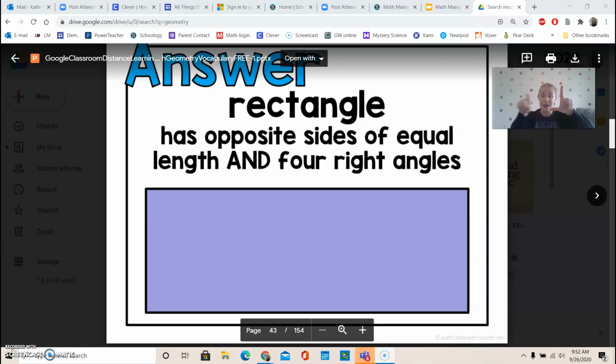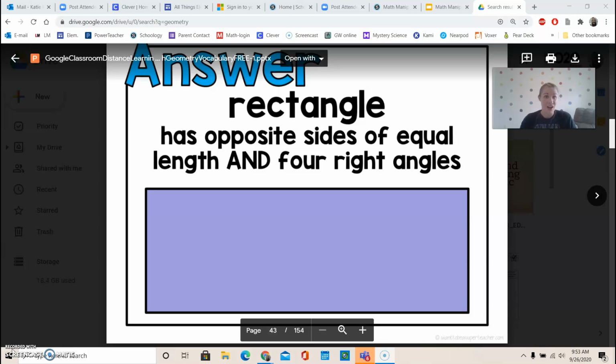The angles on the side are square, okay? Now the difference between a rectangle and a square is that in a rectangle, all the sides are not equal in length. You can have 2 sides that are equal, and the other 2 sides are equal, but not all 4 sides are equal.